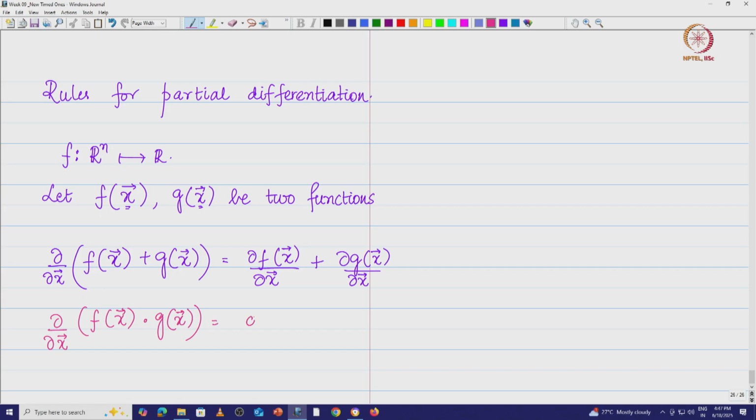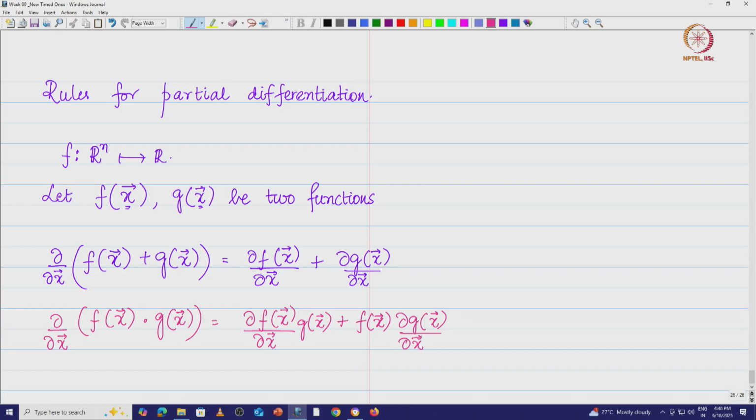We are going to say dou f of x by dou x vector into g of x plus f of x into dou g of x, the partial derivative of g with respect to x. So this is what we have.